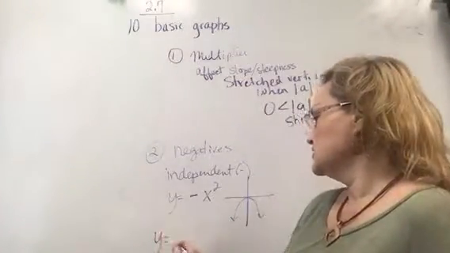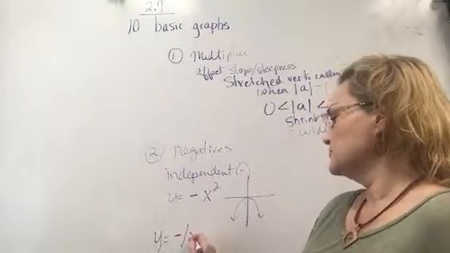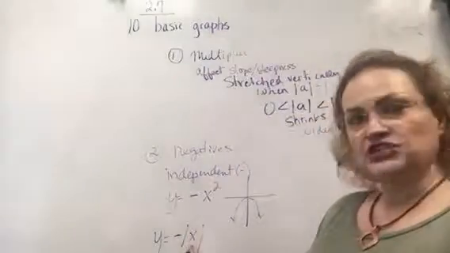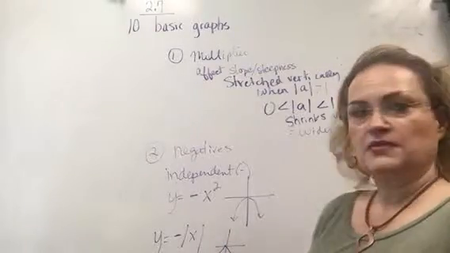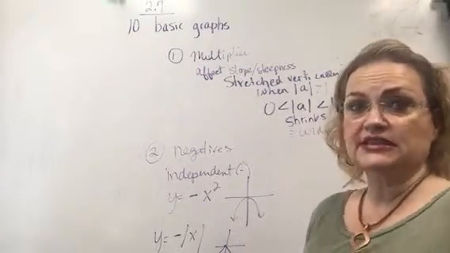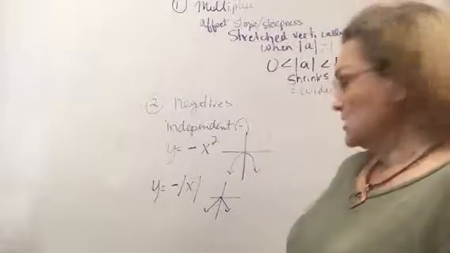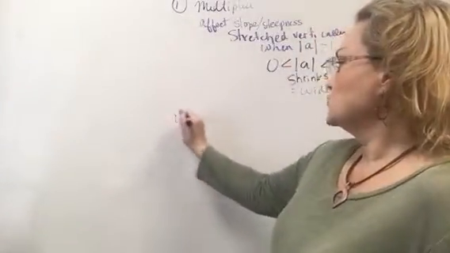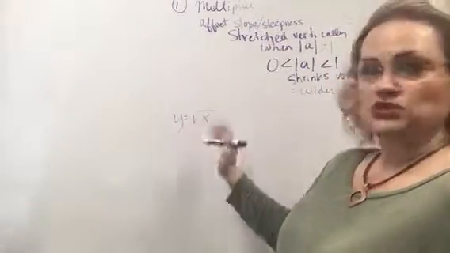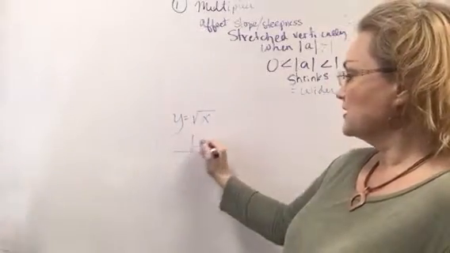If I put a negative in front of the absolute value of x, that's our V shape. Now it's an upside down V, like so. And again, you could plot some points to see that this is so. Let's do this again with our square root function. The square root function normally looks like that.